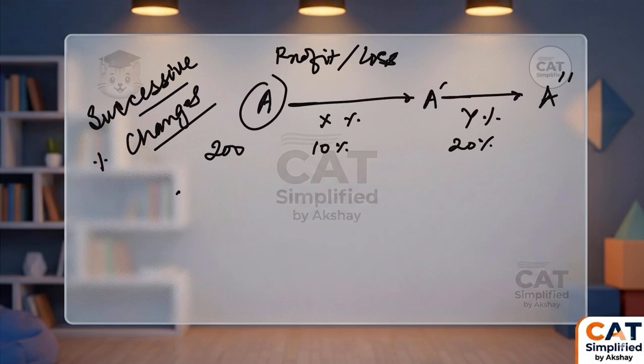Either you say A dash is equal to 200 into 1 minus 10%, which is basically equal to 180.